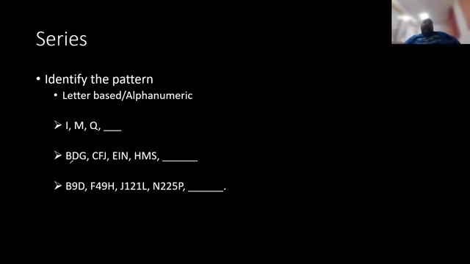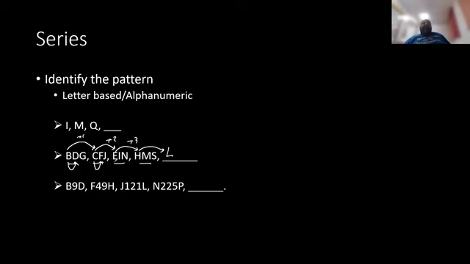Again, if I look at this question, B, D, G; C, F, J; E, I, N; H, M. B plus 1 is C, D, E plus 2, F, G, H plus 3, and therefore the first alphabet has to be plus 4. B, C, D, a gap of 1, basically plus 2.